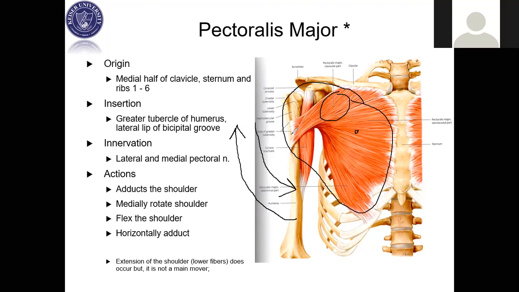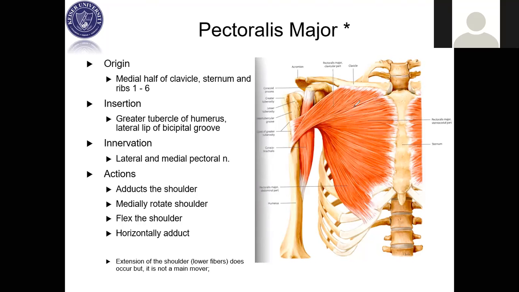When it pulls, remember, here's the origin over here, and here's the insertion. Well, if I bring the insertion closer to the origin, it's going to rotate the shoulder. The pectoralis major helps with medial rotation or internal rotation of the shoulder. So it helps adduct the shoulder. It helps internally rotate or medially rotate the shoulder.